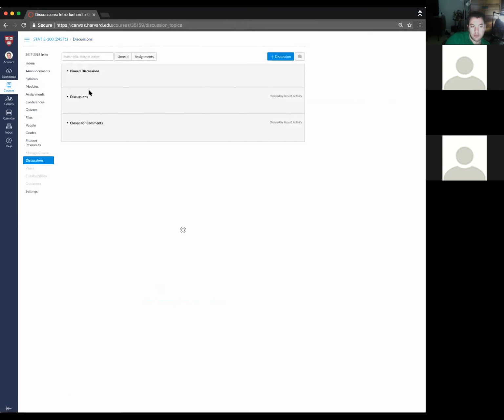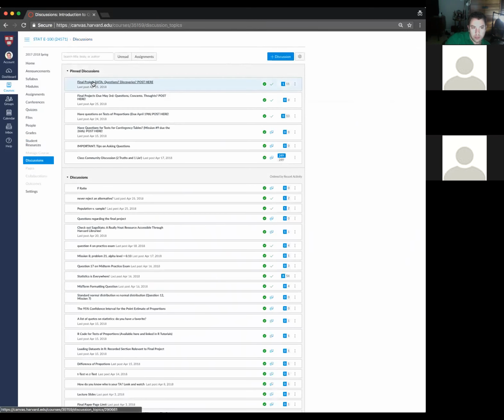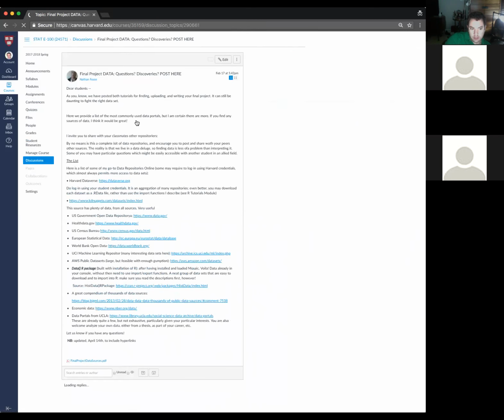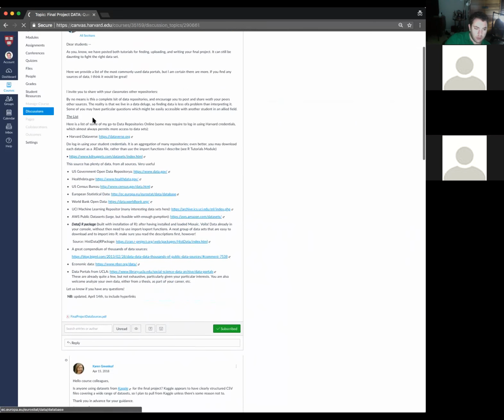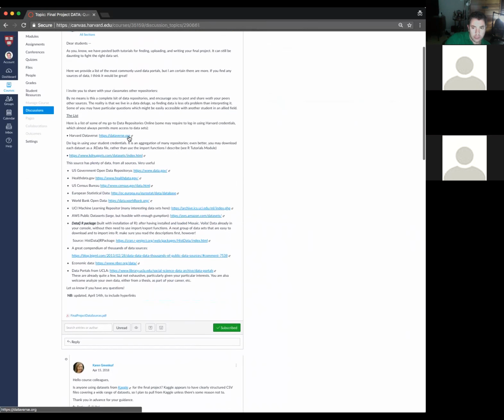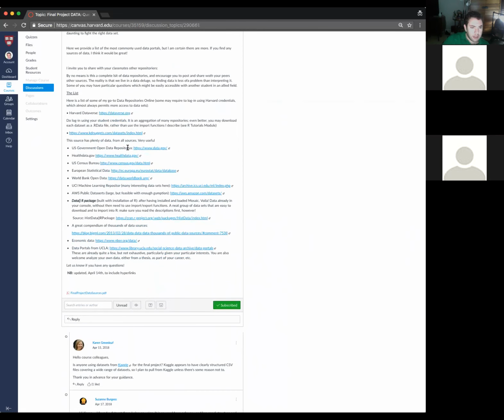So you can go to the discussion forum, you can go to this thread, and we give you a whole list of different resources. So there's the Harvard Dataverse repository. So this is a Harvard website which has data sets from studies that were conducted at Harvard. And you can see here, we also give you a number of different other data sets as well.